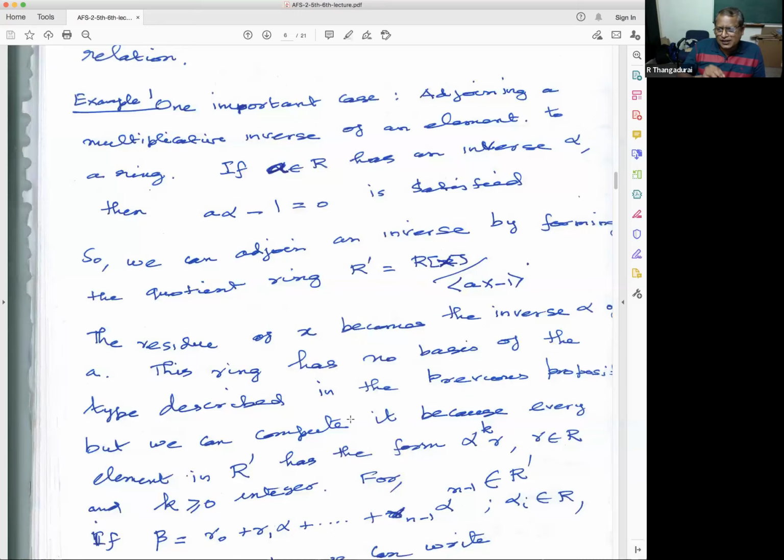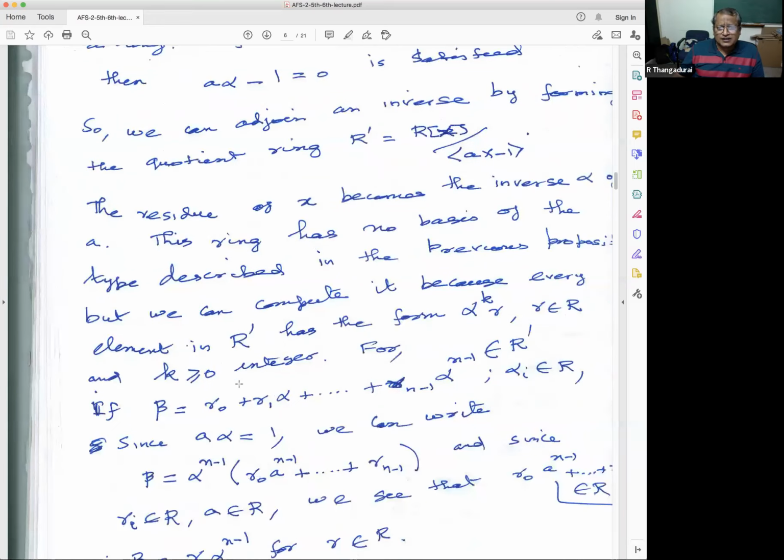We adjoin an inverse by forming the quotient ring. Since a is inside R, we look at the polynomial ax minus 1 and the ideal generated by ax minus 1, and we quotient R[x] by that ideal. That is our R prime. The residue of x becomes the inverse alpha.